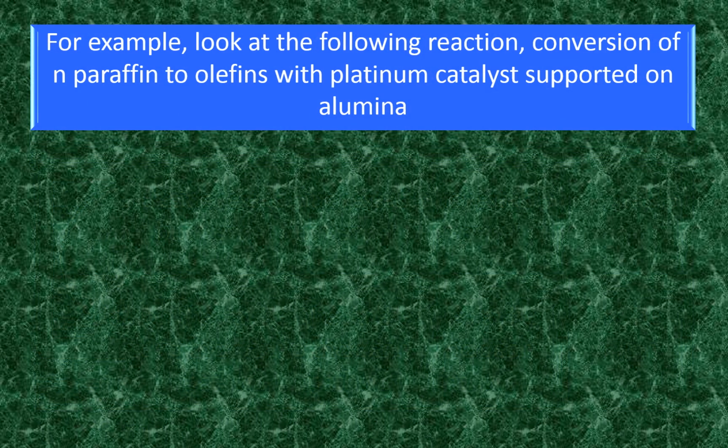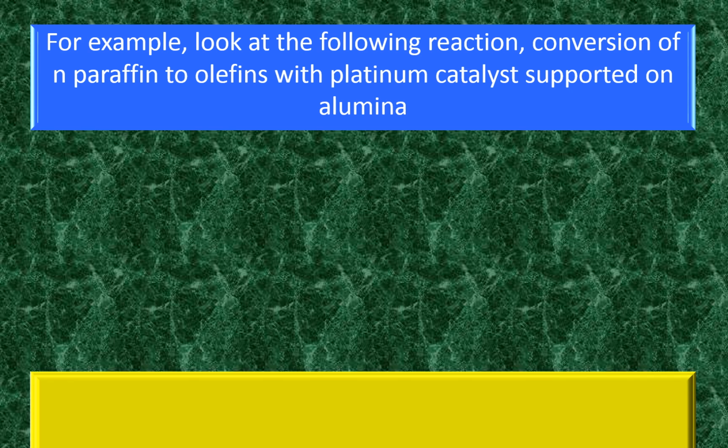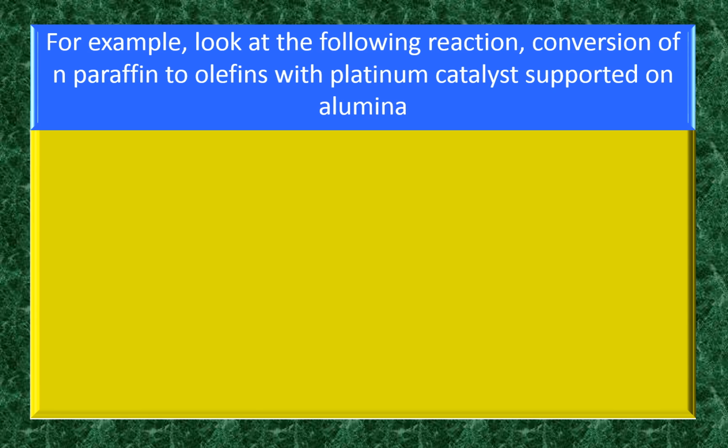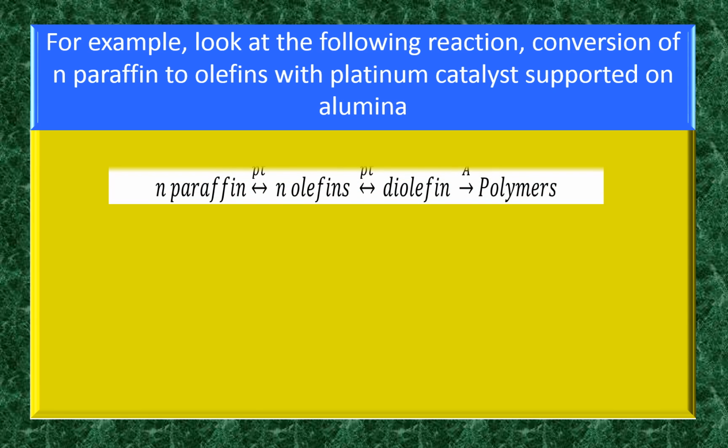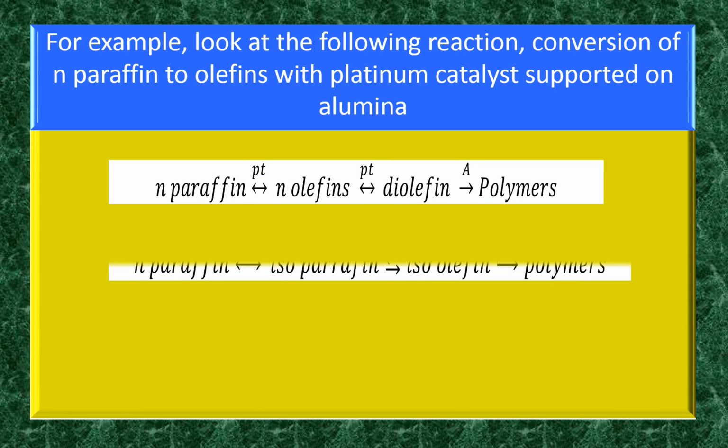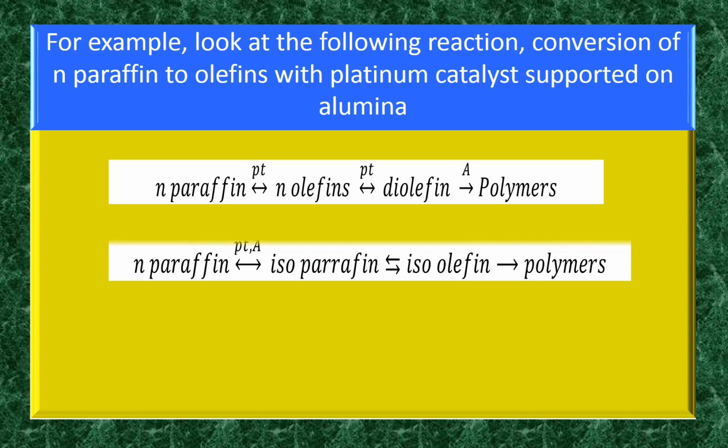For example, look at the following reaction. Conversion of n-paraffin to olefins with platinum catalyst supported on alumina. N-paraffin reacts reversibly to form olefins catalyzed by platinum supported on alumina.